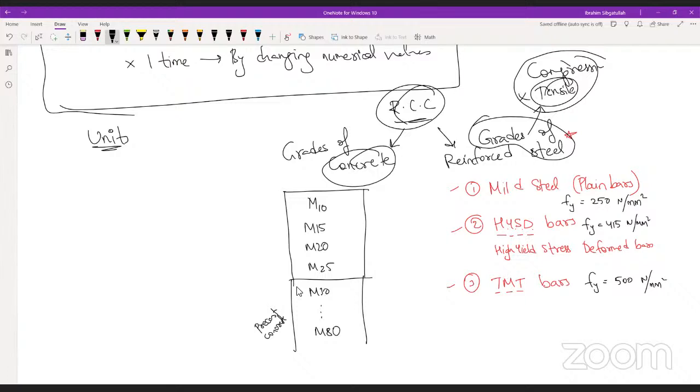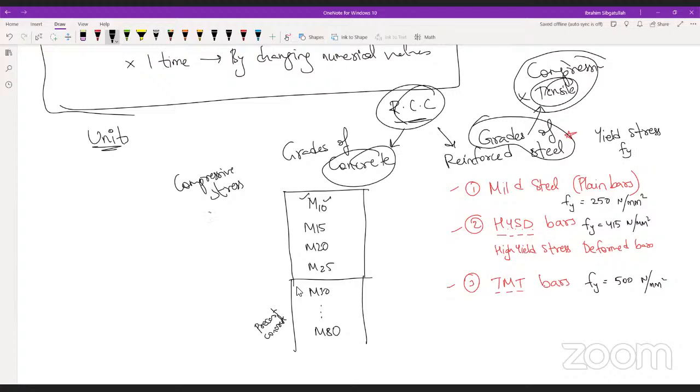So what exactly is M and what exactly is the number? Let us try to understand that. When it comes to steel, we have yield stress. And when it comes to concrete, here we have compressive stress. Yield stress is denoted by Fy.